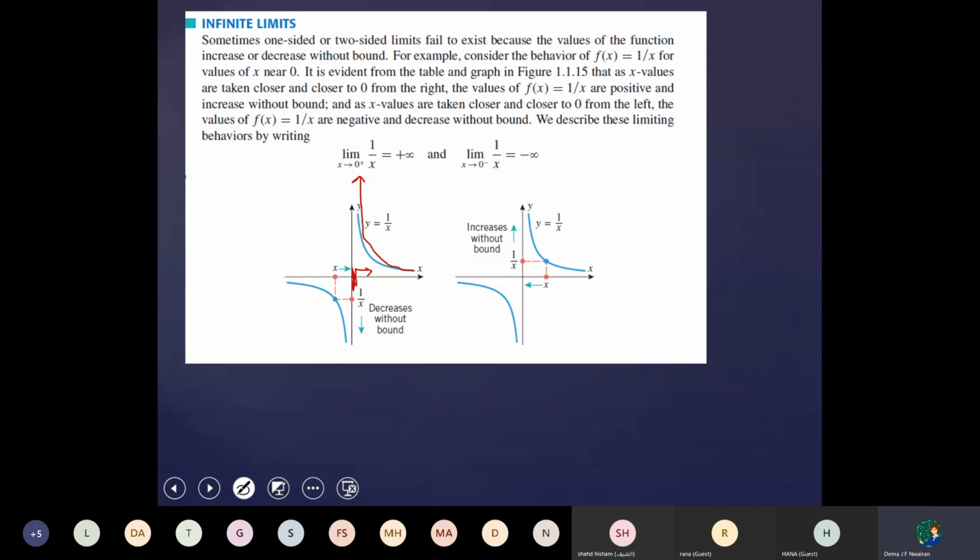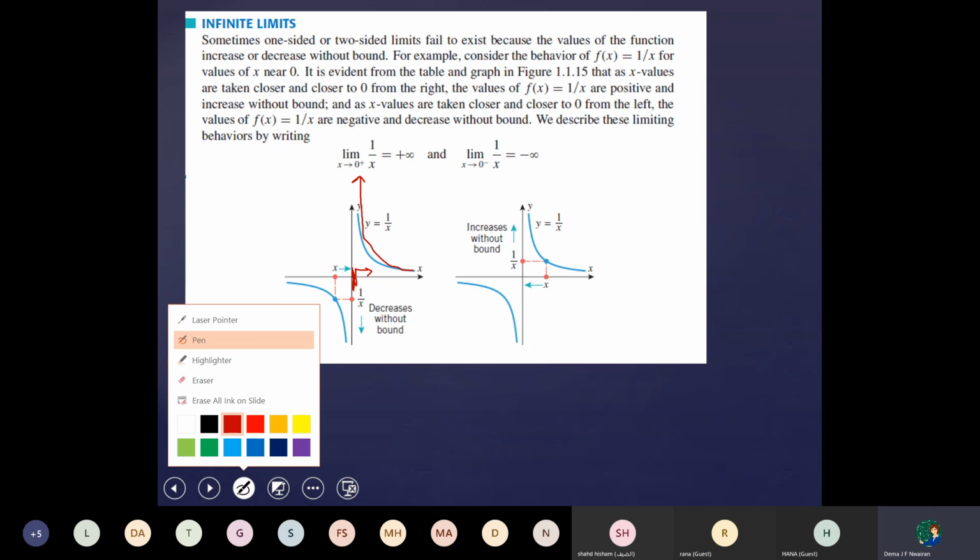I'm talking about the value of the limit. I'm looking only at the positive or negative y. To know whether it is positive infinity or negative infinity, you just have to look at the y-axis, positive or negative. Let's start with the first one here.